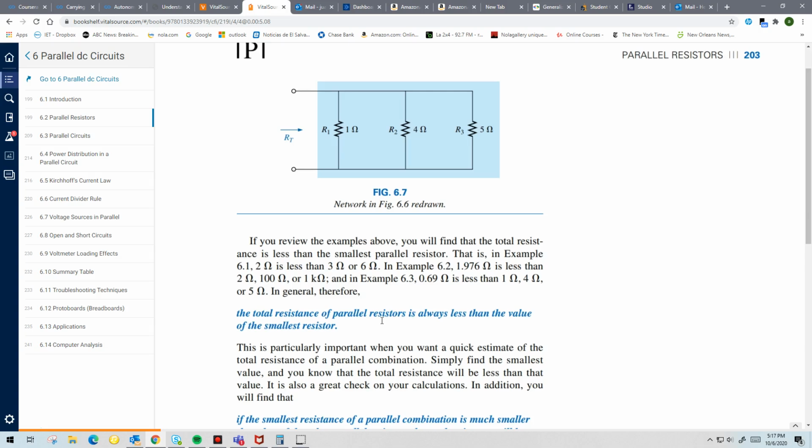Remember that? Well, in a parallel connected circuit, the total resistance is always less than the value of the smallest resistor. Okay, always less than the value of the smallest resistor.